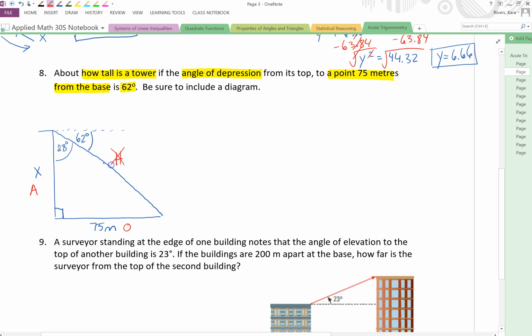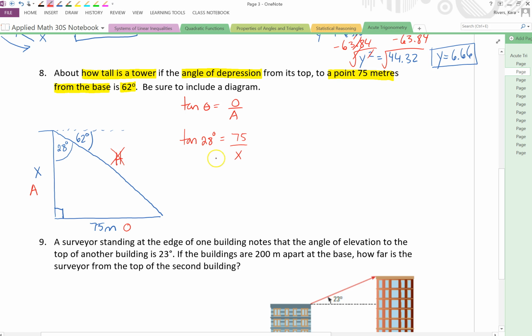So hypotenuse isn't useful here. Opposite and adjacent, this is tangent. So tan theta equals opposite over adjacent. I'm going to now substitute the information that I have. Instead of theta, I'm going to put in 28 degrees. Instead of opposite, that's 75, and I'm solving for adjacent.